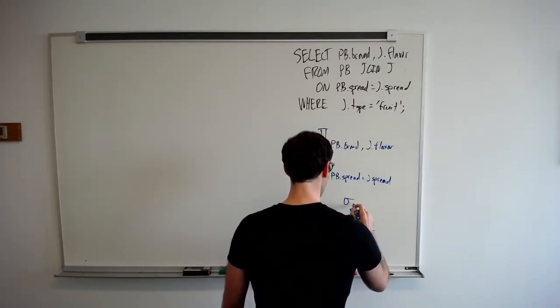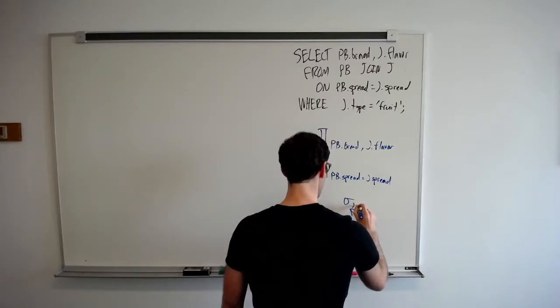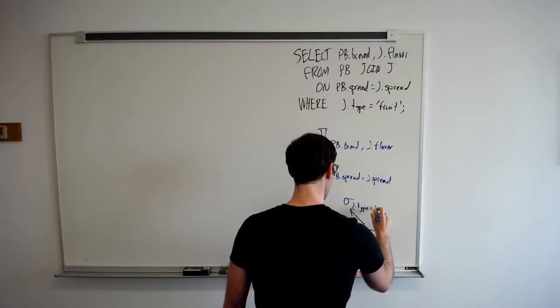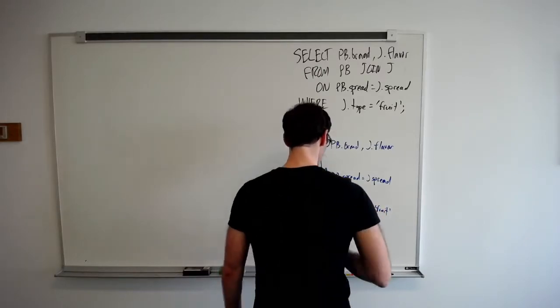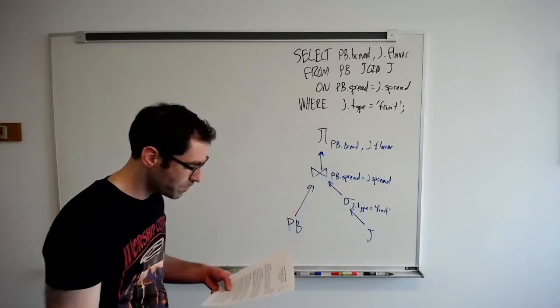So we are filtering out to get only fruit jellies. All right, so here's our query plan.